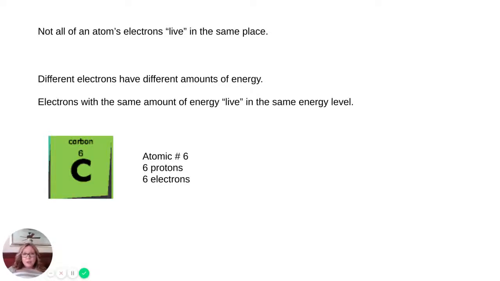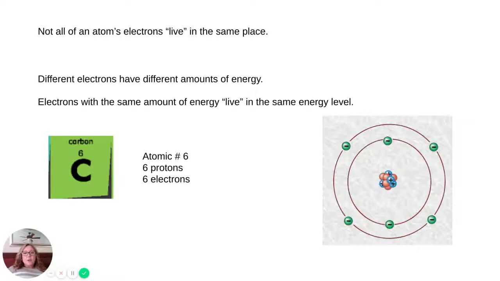Not all of those 6 electrons live in the same place. As your students are going through their chemistry class, they're going to learn about this. So before they get to Lewis structures, they're already familiar with this. When you're building an atom using its electrons, the first 2 electrons go in the first energy level, and that's all the room that energy level has.